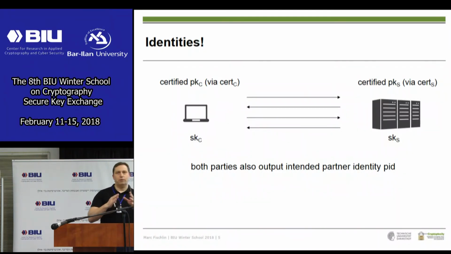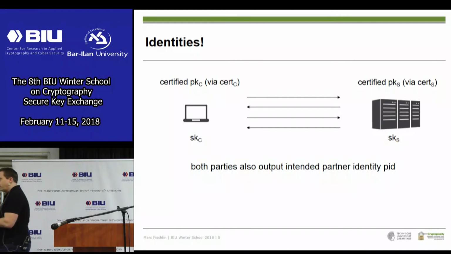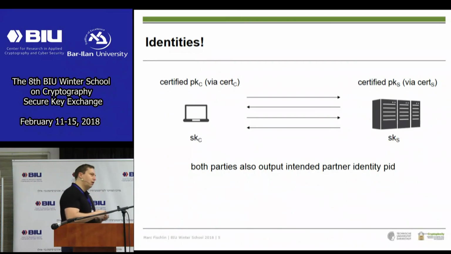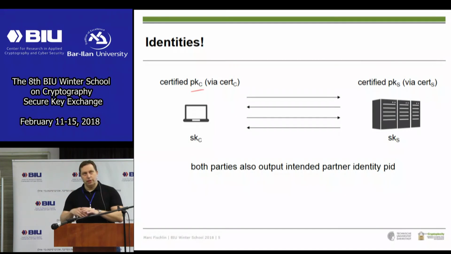They don't get revoked. There are approaches to incorporate revocation, but then it gets even more heavy. I'm not going to do this here. We're going to stick to the assumption that you get your key certified once, and the key is good, except for corruption, see later, for the rest of your lifetime.